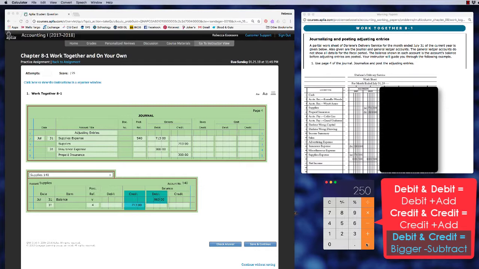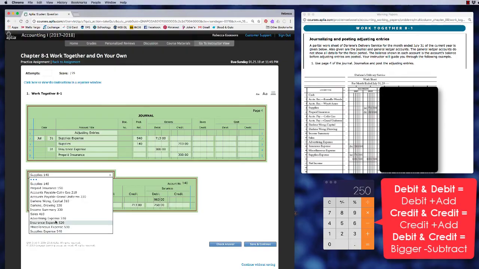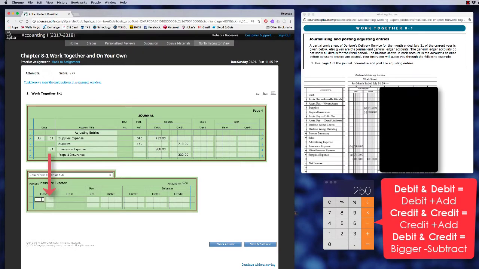I get 250. I'm going to take that 250 and put it in the column with the bigger number. So that's the debit. So I'm going to go 250. And then I'm going to take my account number for supplies and say in the journal, this information is posted to account ledger 140.